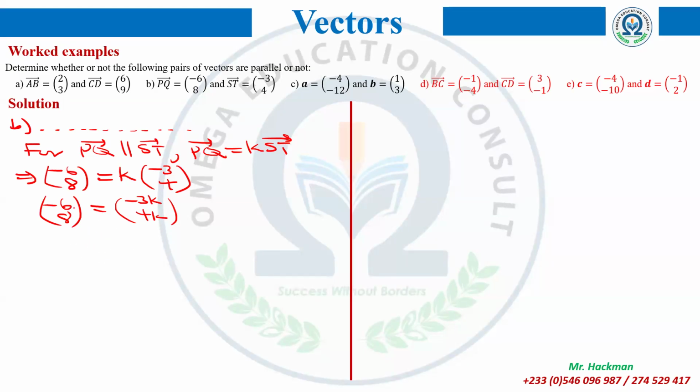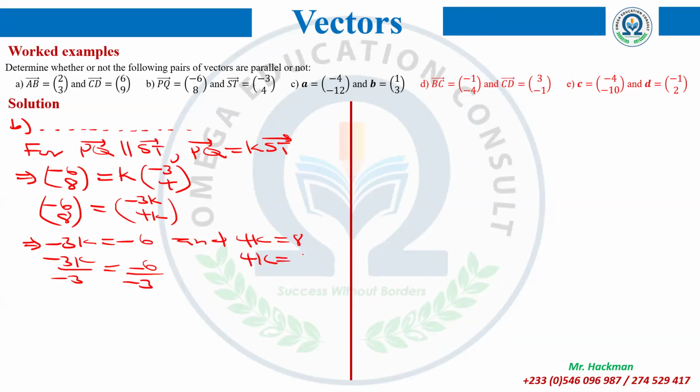At this point, you can now form your two equations by equating the corresponding components. Negative 3k is equal to negative 6, and 4k is equal to 8. I'll solve: minus 3k over minus 3 is equal to minus 6 over minus 3, then 4k over 4 is equal to 8 over 4.